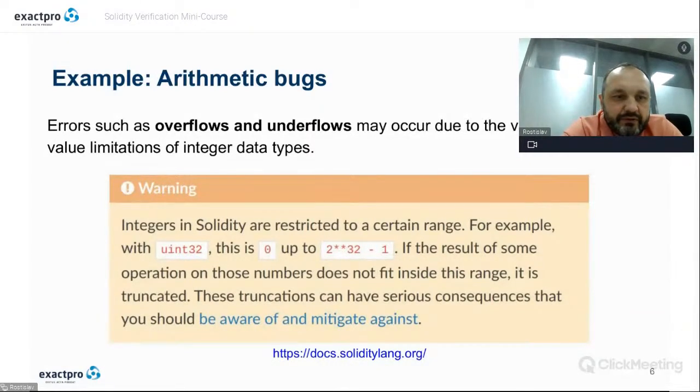Like in this example here, you see uint32, where u stands for unsigned. That means that all the values stored in this variable will be only positive, and 32 indicates the number of bits which will be used in memory to store your integer number, and that explicitly means that you have an upper bound for this value, which is 2 to the power 32 minus 1 because we start from 0.